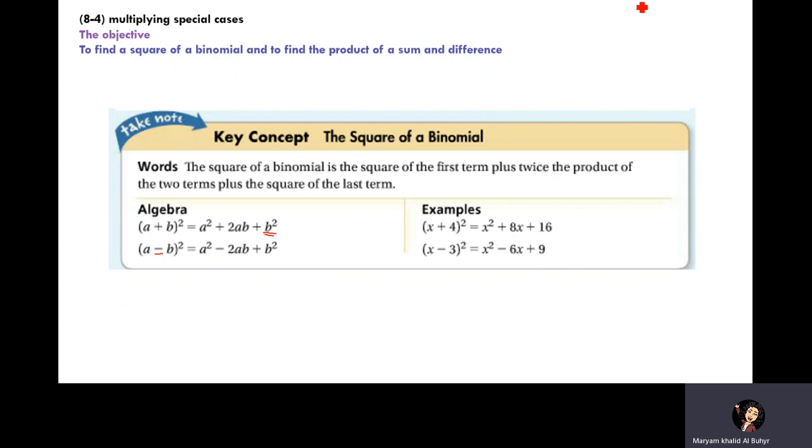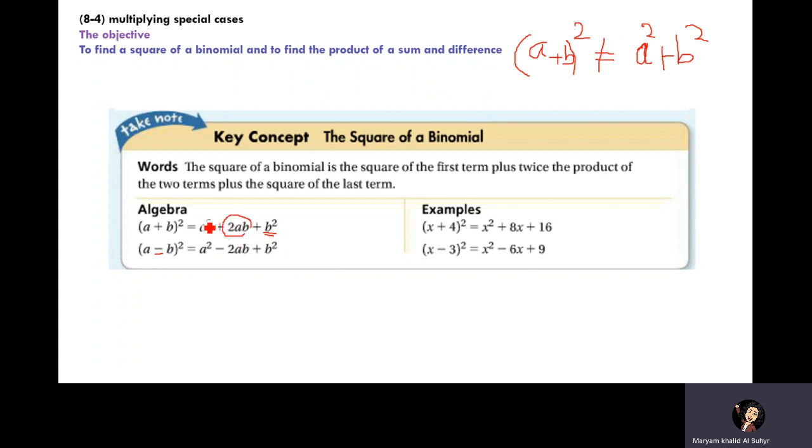As I said before, (a plus b) to the power 2 is not equal directly to a squared plus b squared. There is something I should put in the middle, which is this value.